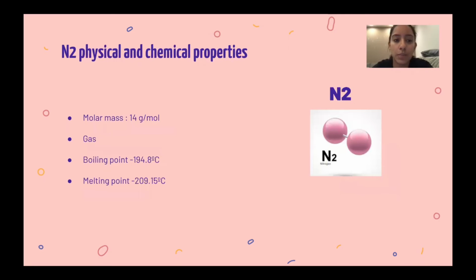The physical and chemical properties of nitrogen gas, first of all, it's a gas. Its molar mass is 14 grams per mole. Its boiling point is minus 194.8 Celsius, and its melting point is minus 209.15 Celsius.